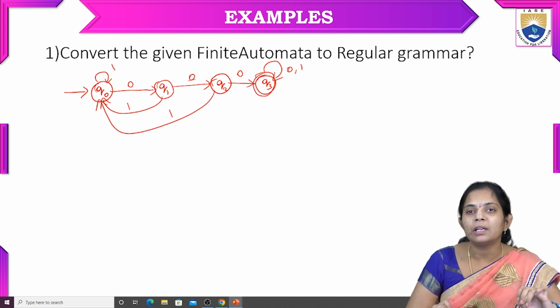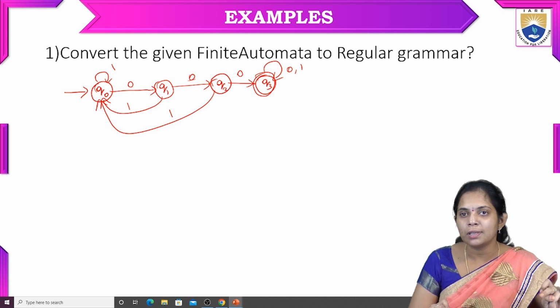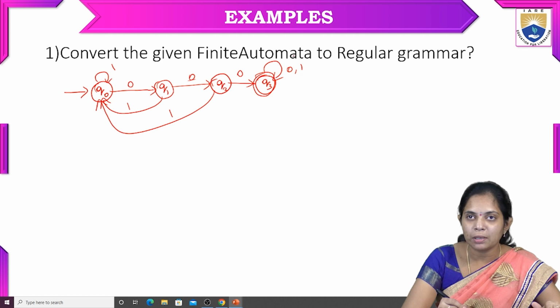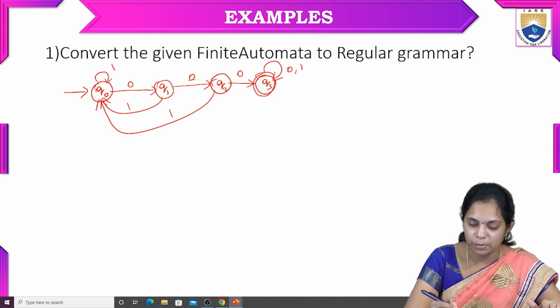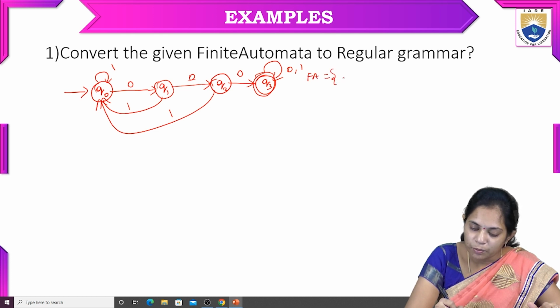And now we will convert this finite automata into a regular grammar. So what is the procedure? We have to write the 5-tuple for the finite automata and equate that to a regular grammar 4-tuple. The finite automata has a 5-tuple. What are the states?